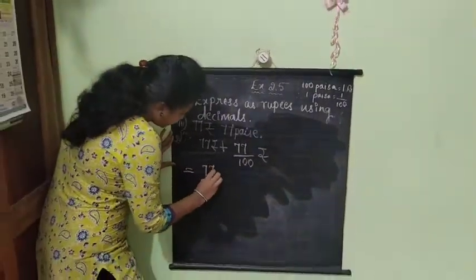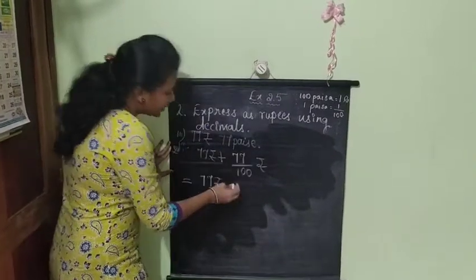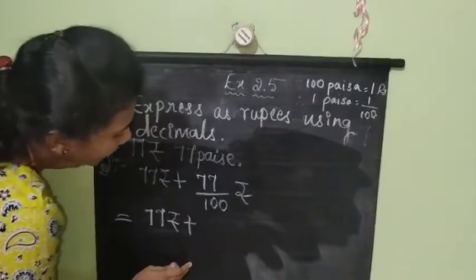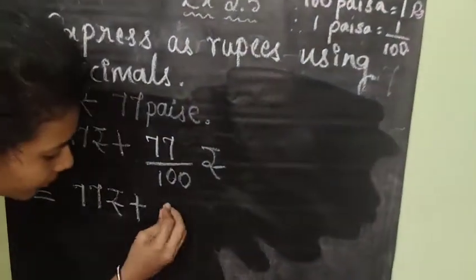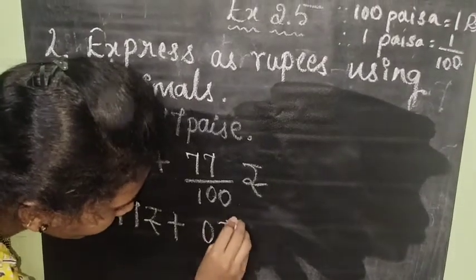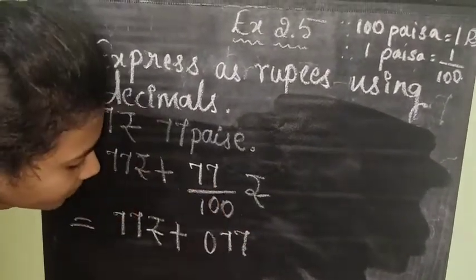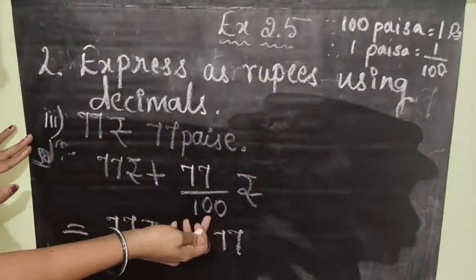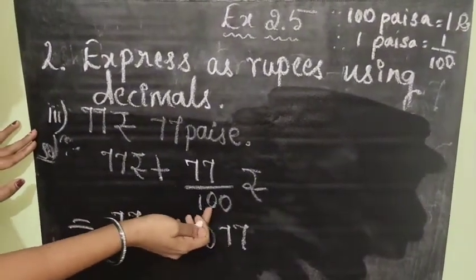77 can be kept as it is. What is 77 divided by 100? Write the number. See, it is divided by 100, so after 2 places you have to put the point. Okay, 2 zeros are there.